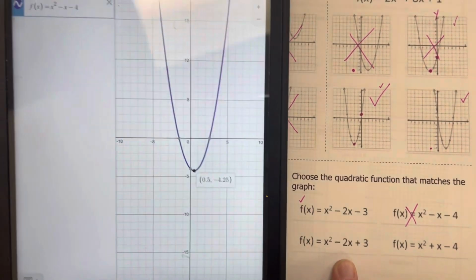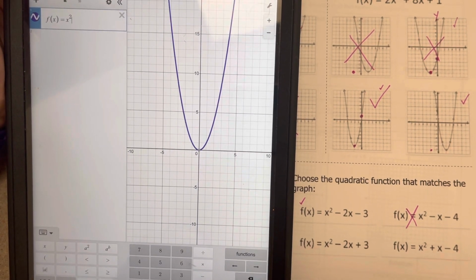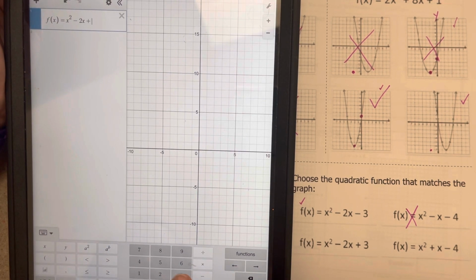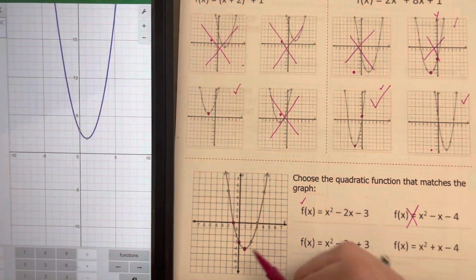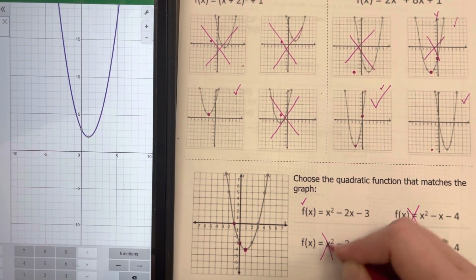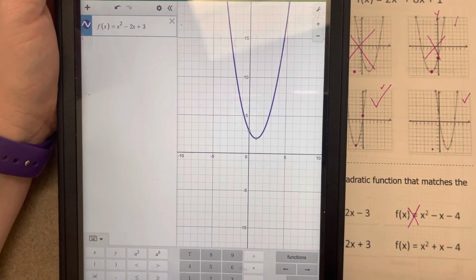Okay, let's check this one. I'm going to change what I need to change. I have x squared minus 2x plus 3. Well, that one moved up. That one has a vertex up here, but that's not where my vertex is, so it's not that one. Then I'm going to check my very last one.